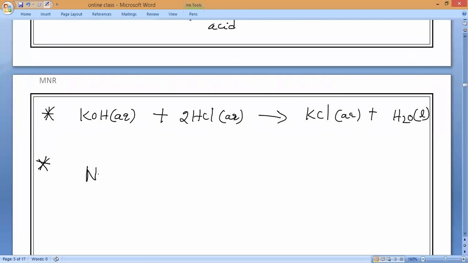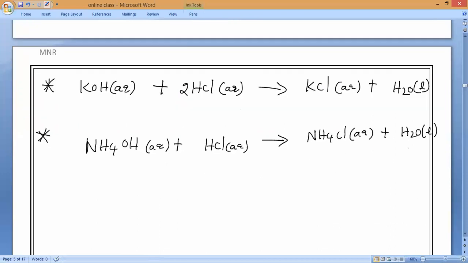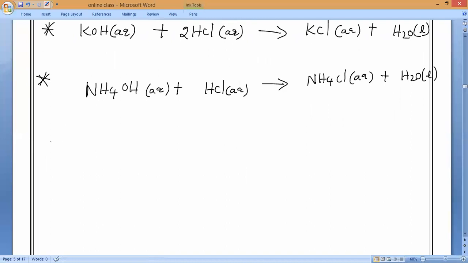Next, ammonium hydroxide. What is the formula? NH4OH, in aqueous state, will react with hydrochloric acid. The products will be ammonium chloride, NH4Cl in aqueous state, plus water. Next, sodium hydroxide.